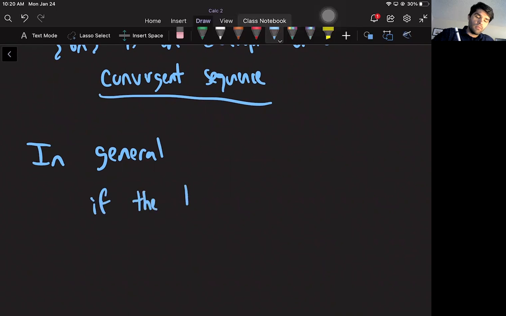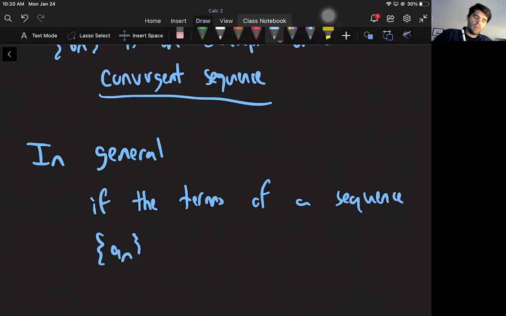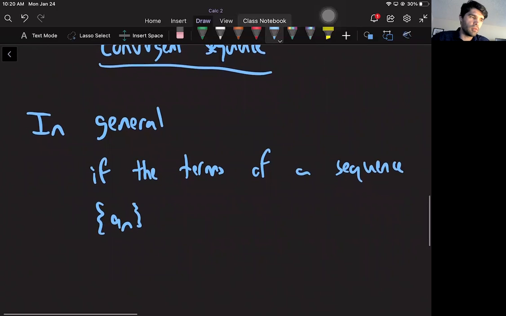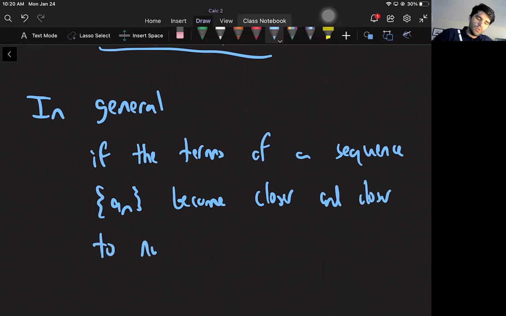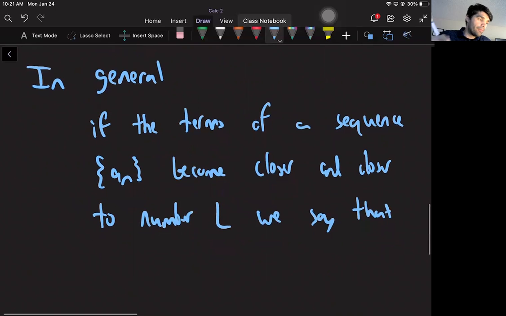If the terms of a sequence, we'll just call it AN in general, not specifically the AN from before, just any old AN sequence, become closer and closer to a number L, we say that AN is convergent or converges.